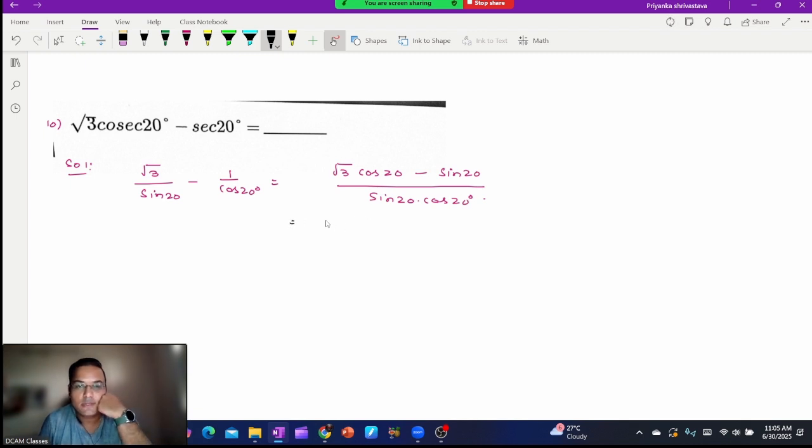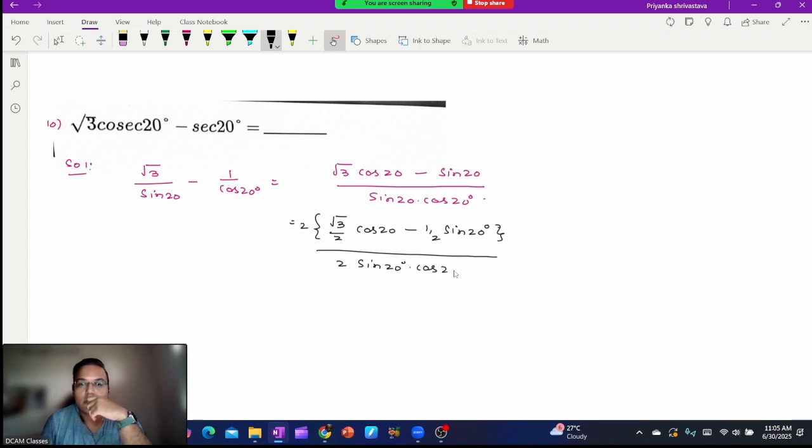I'll do one thing. Root 3 by 2 into cos 20 minus 1 by 2 into sin 20. 2 I'll multiply outside, divided by 2 sin 20 into cos 20. I'll divide with 2, so it will become 4 sin A cos B minus cos A sin B.